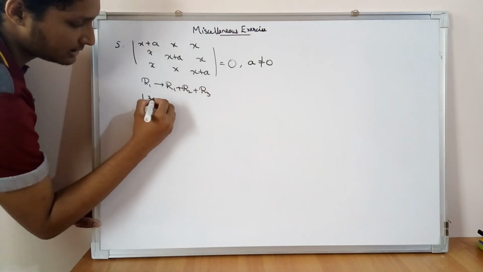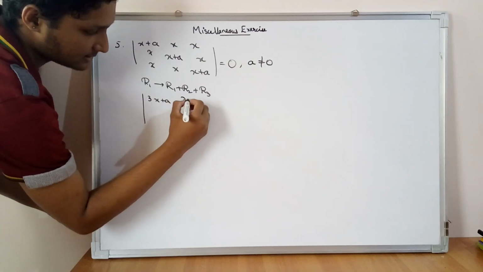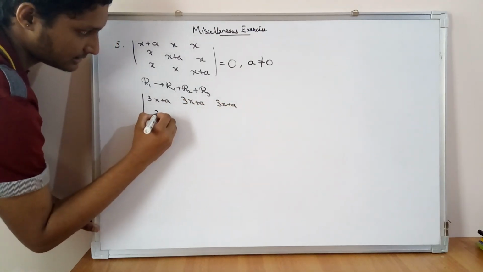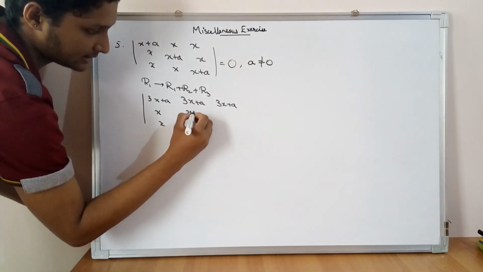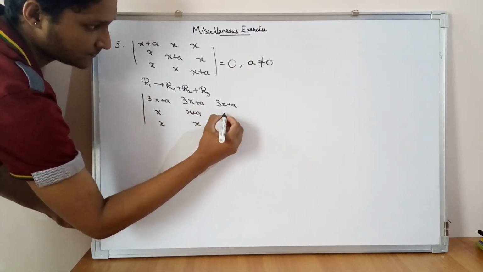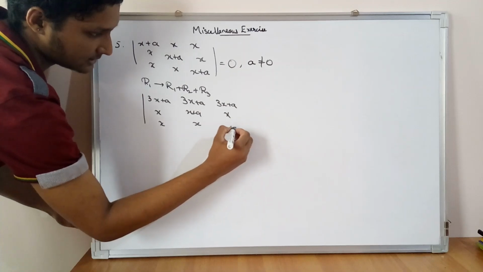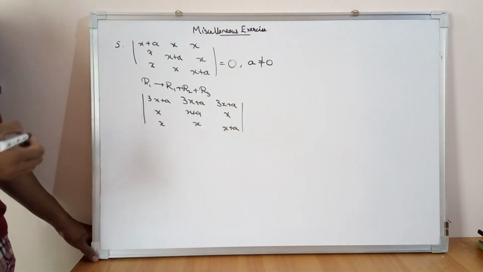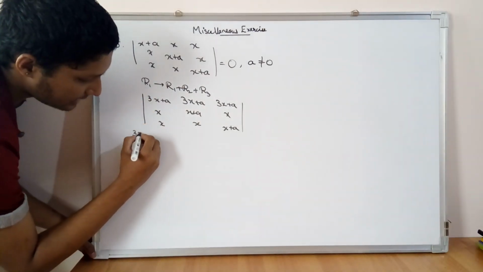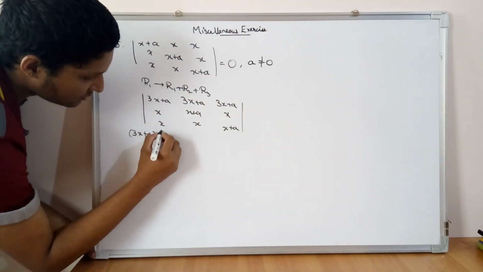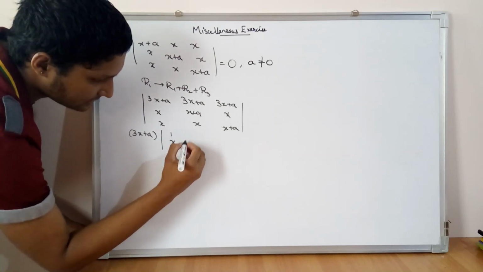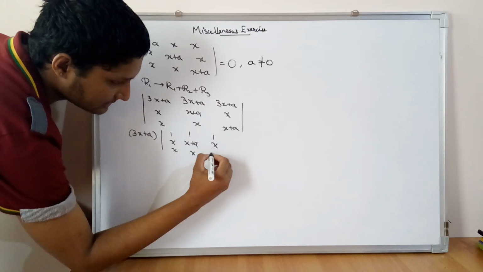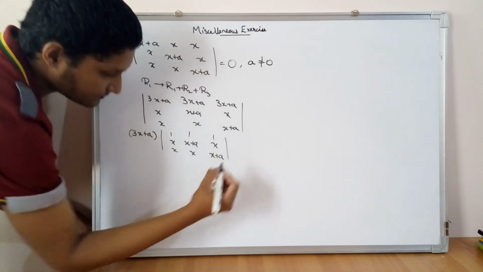So this is going to be 3x plus A, 3x plus A, 3x plus A. This is x, x, x plus A, x, x, x plus A. Okay, this much you got. Now the remaining thing is removing 3x plus A outside. If I remove that, there is going to be 1, 1, 1, x, x plus A, x, x, x, x plus A.